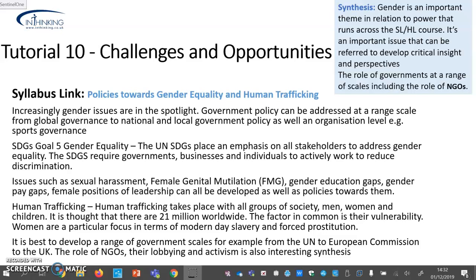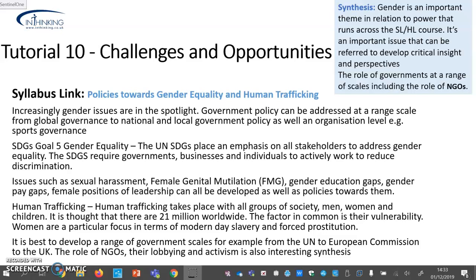A really good thing here as well, and I've set this up in my site, is that you develop examples which are of interest to you. There are an enormous number of issues which are an opportunity for you to look at. So sexual harassment, female genital mutilation, gender educational gaps, gender pay gaps, female positions of leadership.